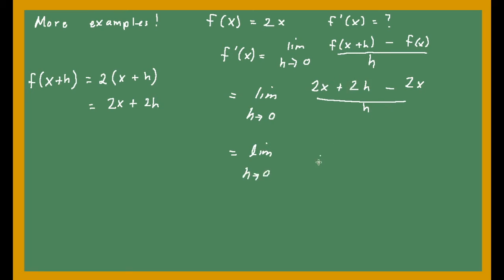The 2x's cancel out, and we have 2h over h. If we try direct substitution right now, we're going to get 0 over 0, so it's best to just cancel out these h's. And then we have the limit as h approaches 0 of 2, and we've already discussed that if you have a constant here, you can't substitute 0 into it, so the limit as h approaches 0 of 2 is just 2.